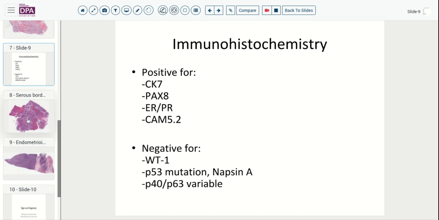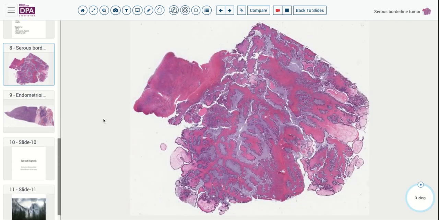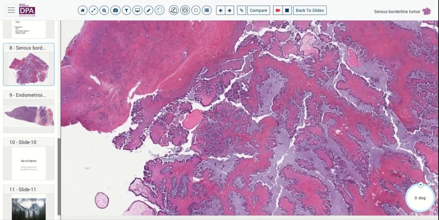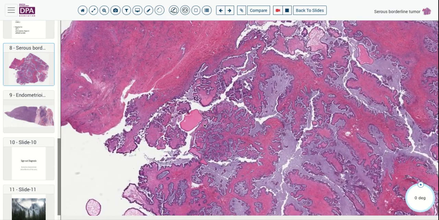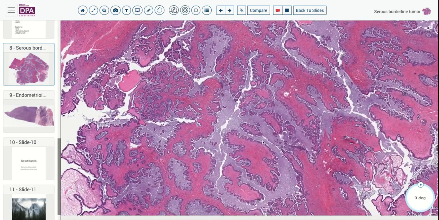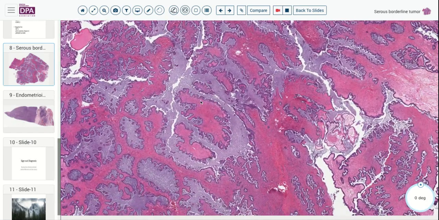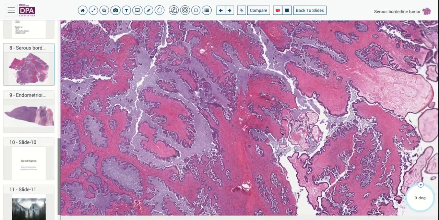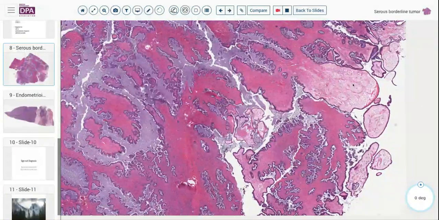So just to contrast, let's think back to a case we looked at earlier and see how the architecture of this papillary borderline tumor is different from what we just saw. You see the complexity of the architecture is greater. The bulbous papillary projections that we occasionally see in serous tumors are not what we're seeing in the endometrioid tumor.